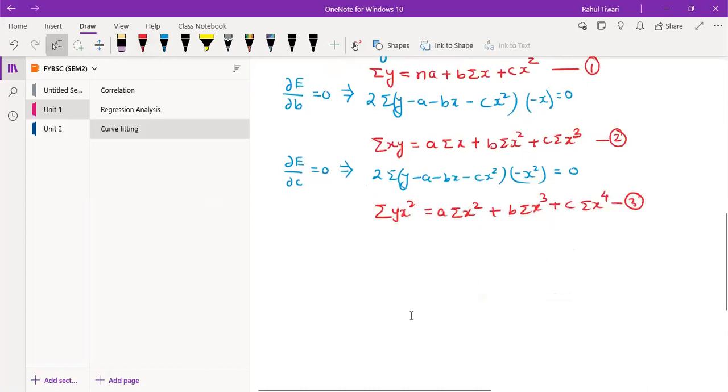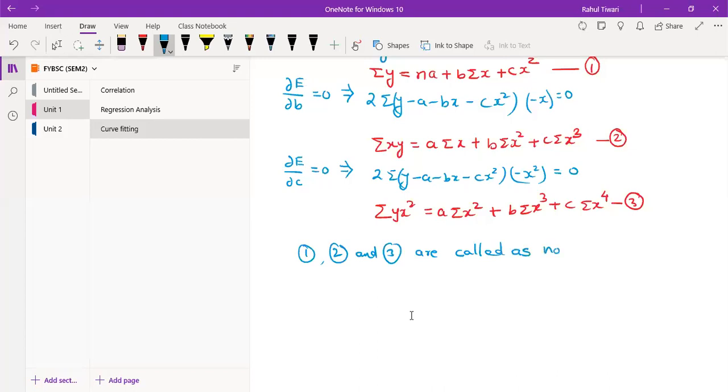And hence equation number 1, 2 and 3 are called normal equations.